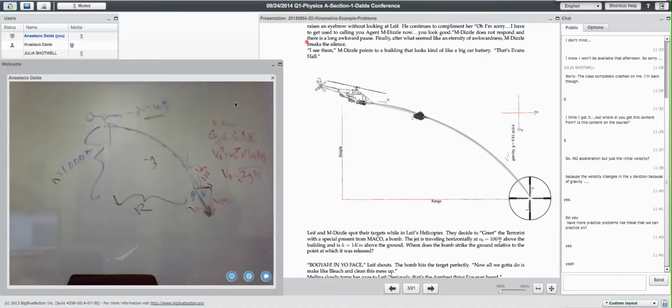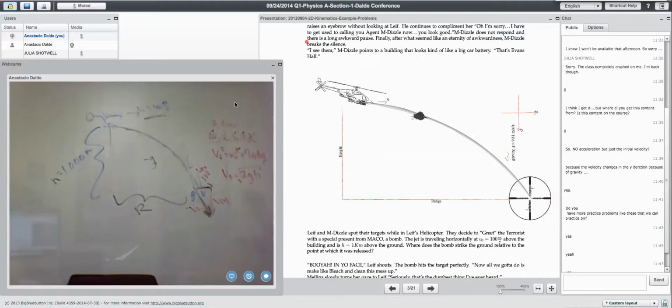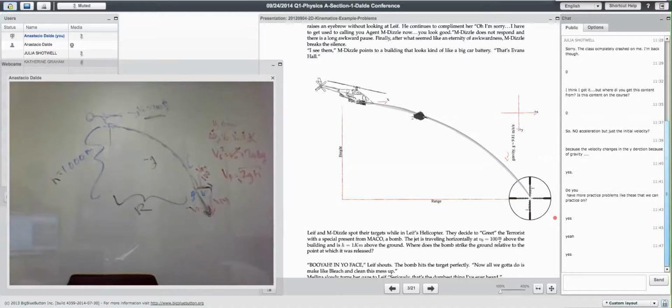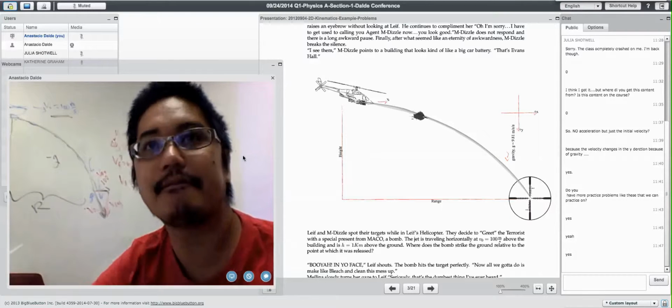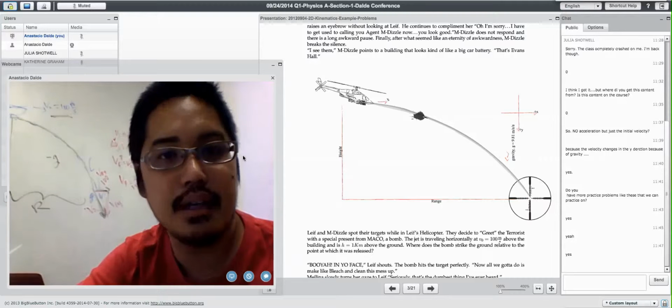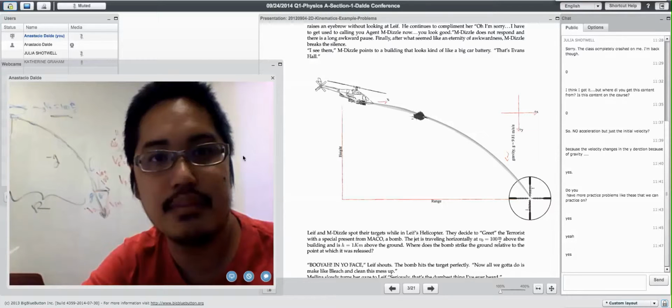Okay. Alright. So you plug your answers into that calculator. What is the square root of 2 times 9.8 times 1,000? I don't actually have the calculator to do that. I don't either. Okay. Let me just type that into the chat bar.